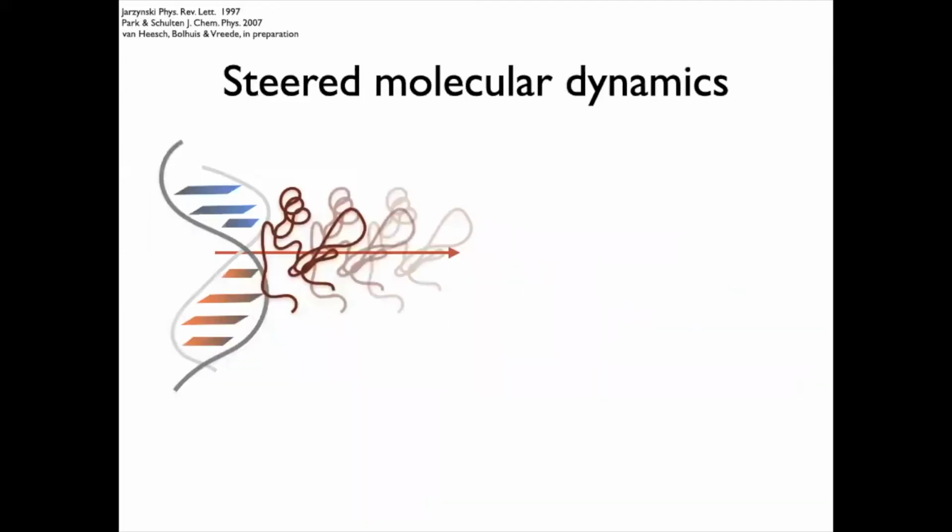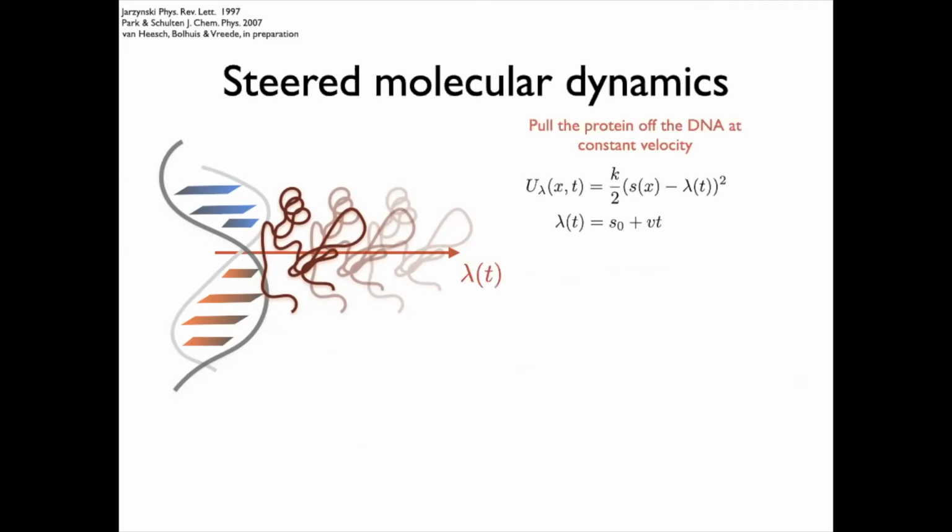Well, we can introduce an extra potential in the system. We can basically pull the protein off the DNA. And how can we achieve that? Well, we can pull the protein off the DNA at constant velocity. That basically means we have a certain pulling coordinate lambda, which depends on t and changes with t at constant velocity.